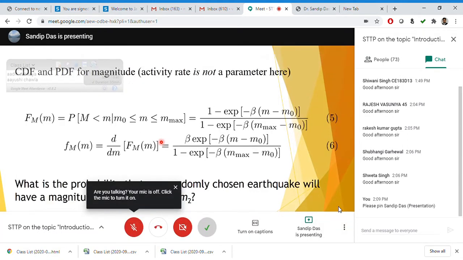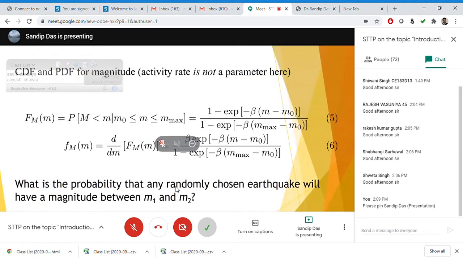Okay, so as I said, when you finally carry out the probabilistic hazard analysis, we need to have various components. Here we have a very important component, which is the probability distribution of the magnitude. Now remember one thing, there is no rate as such.